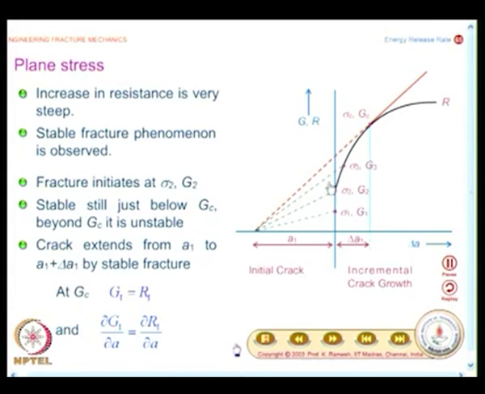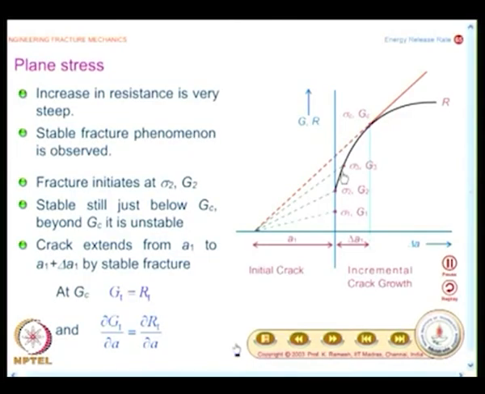Suppose the stress is raised to sigma 3. When stress is raised from sigma 1 to sigma 2, the crack would not have propagated, but after reaching sigma 2, the crack is ready to propagate. When sigma 2 is slightly increased, not sigma 3, even slightly increased, then you have a situation G equal to R, that is satisfied, but the current G is greater than the previous G. So, to that extent the crack will have a forward movement.